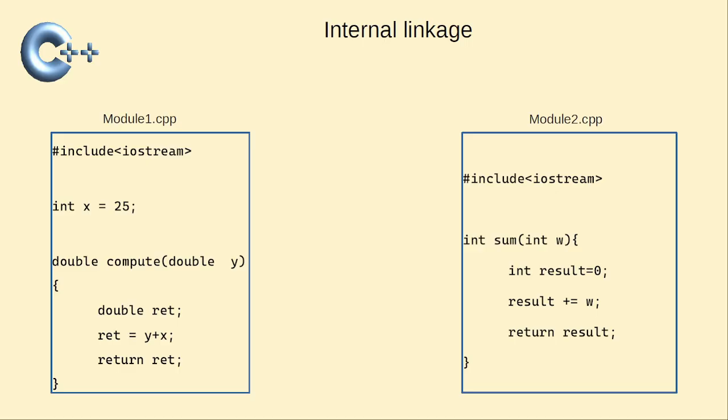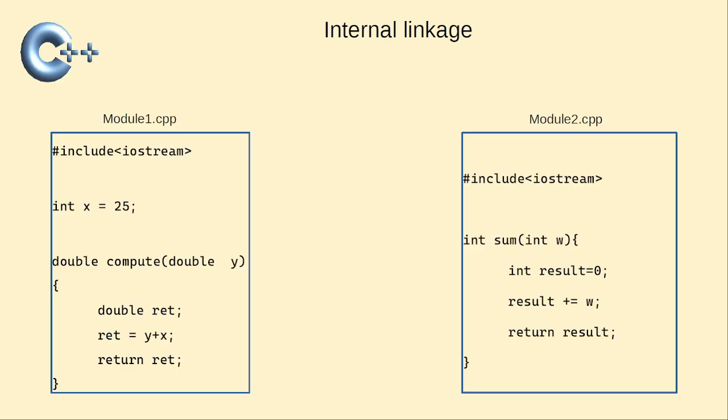It also contains a function called compute, which receives a double typed data, adds it to the global variable x, and returns the result. On the right side, I have a module 2.cpp file containing a function called sum, receiving an int data, adding it to a zero initialized variable called result, and returning the result.